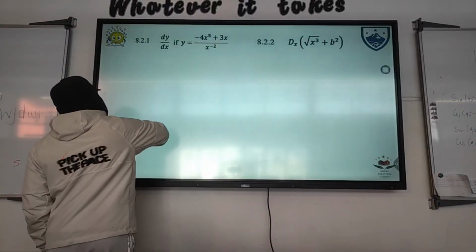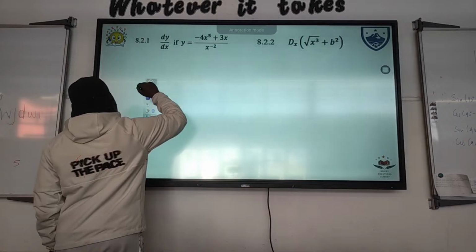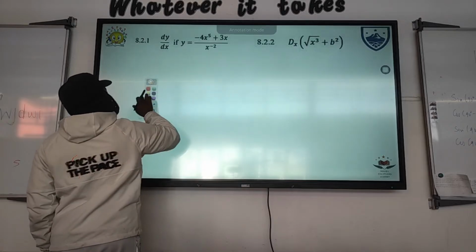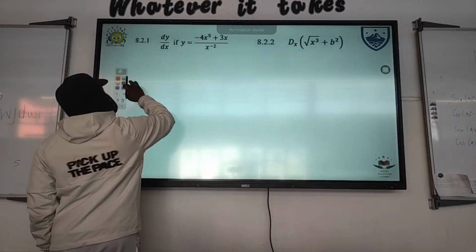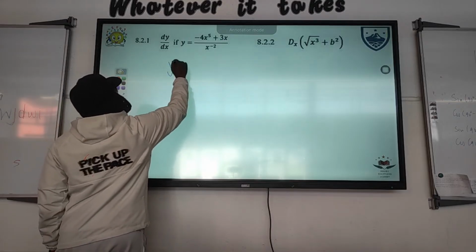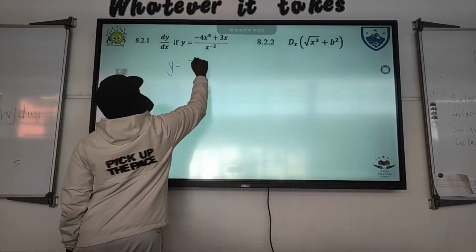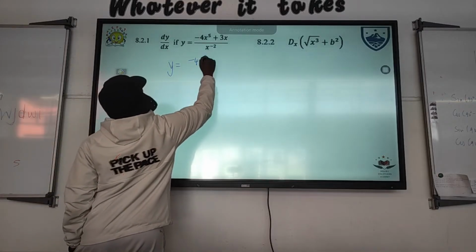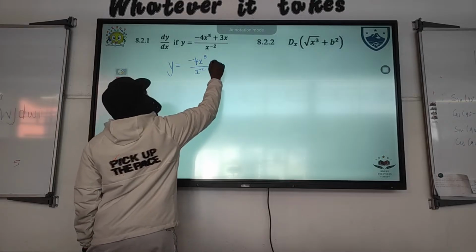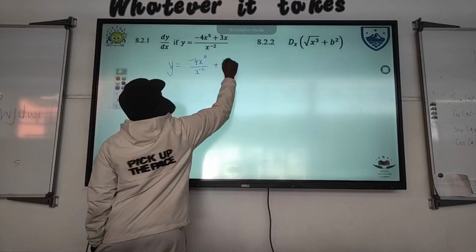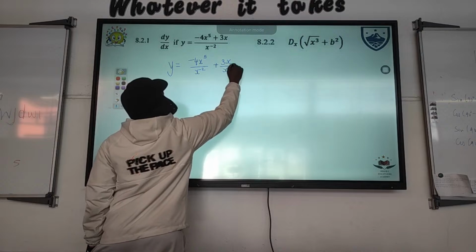because y is already the subject of the formula, this will be y. Y being equal to negative 4x to the power of 5 divided by x to the power of negative 2 plus 3x divided by x to the power of negative 2.